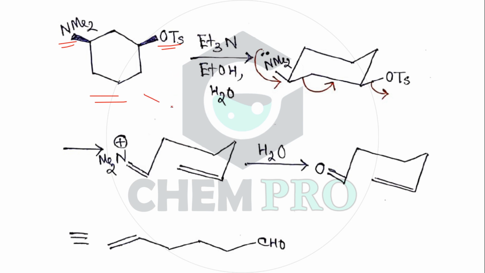We convert this planar structure into the chair conformation, and after doing this we can see that this C-C bond and the C-X bond are anti-periplanar to each other, and after the mechanism we get this product. If we work up this process with H2O, then the NMe2 plus will convert into a C=O or keto group, and we get this aldehyde product.